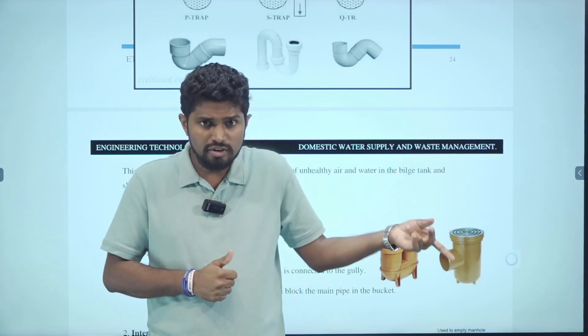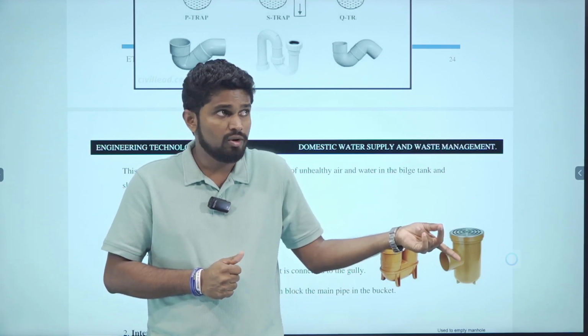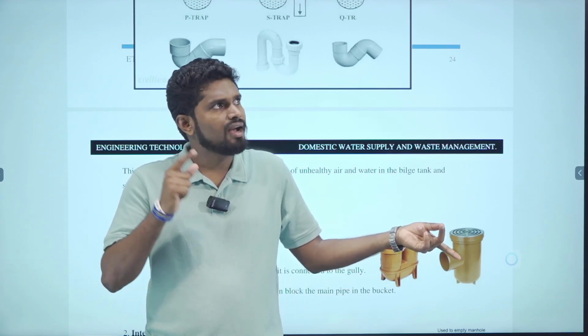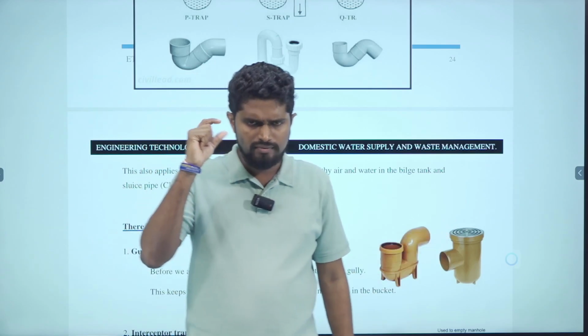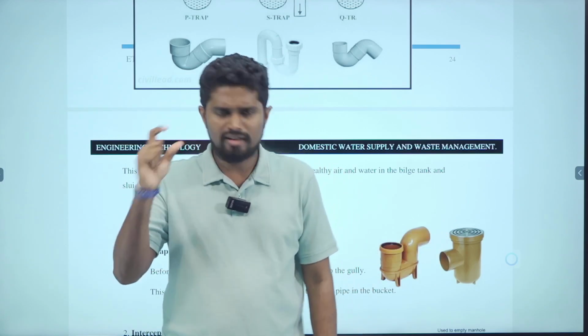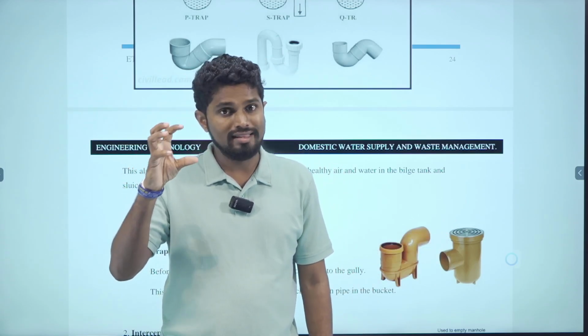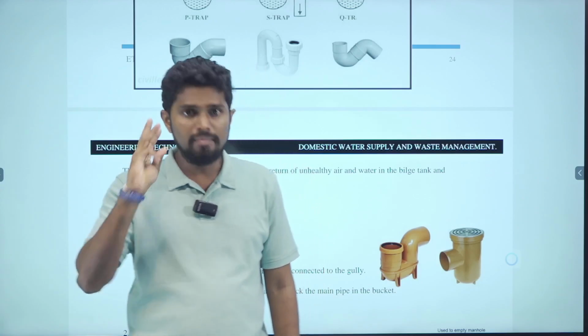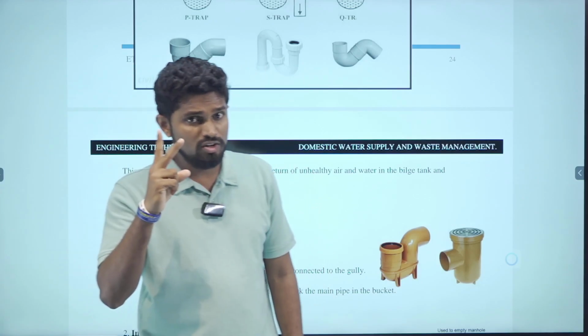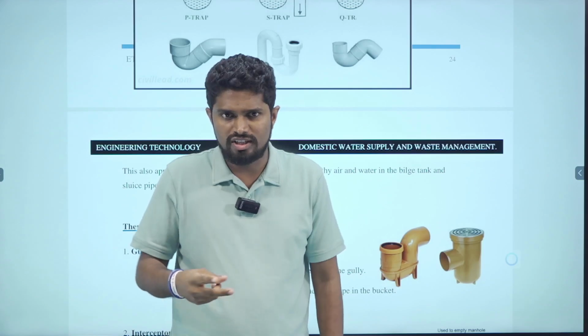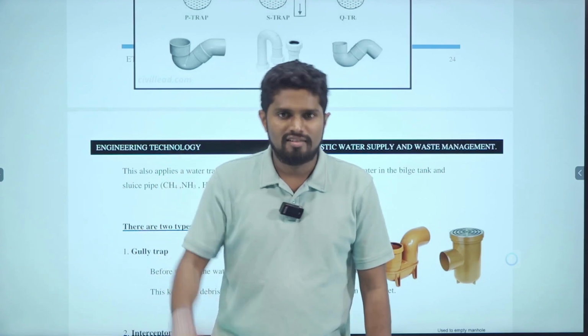Last year, 2023, the first question was from basic building technology. That essay has 3 parts: the first 2 parts are about basic building technology, and the third part is about this lesson.